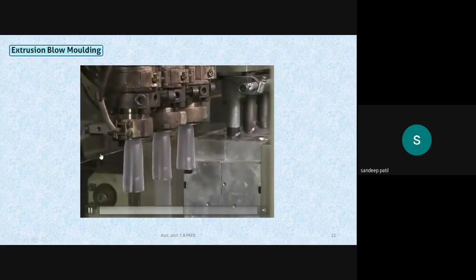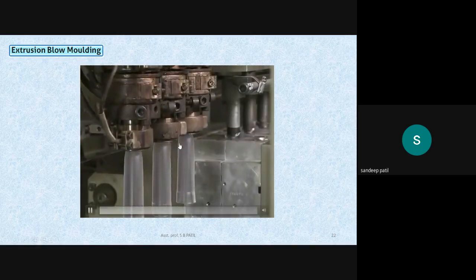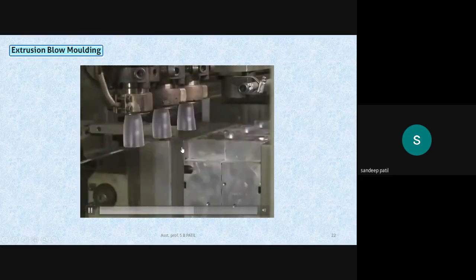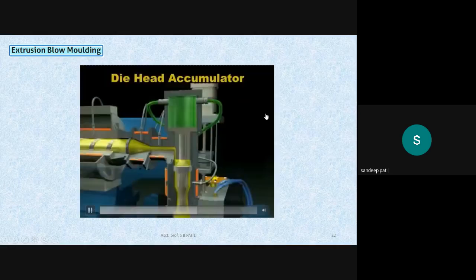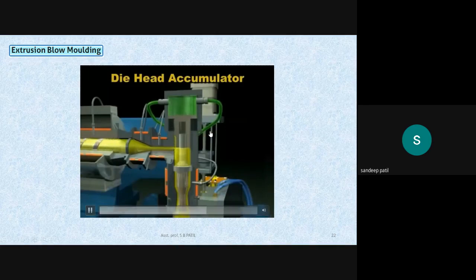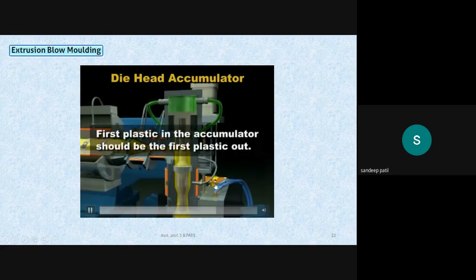You can see the extrusion here, the extrusion takes place. This is the output of the extrusion of plastic, and then the mold cavity, and then through this the air is getting inflated. You can see the air is inflated from this section, which is shown here behind, and it takes the shape of this mold cavity.